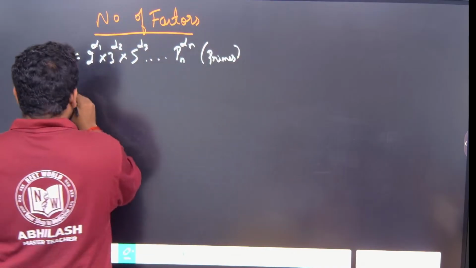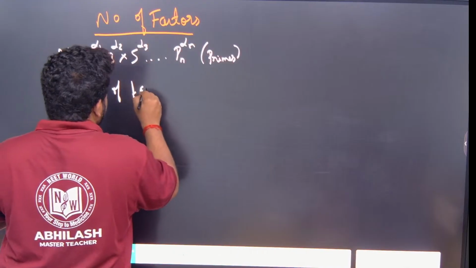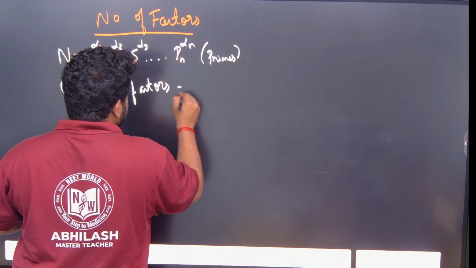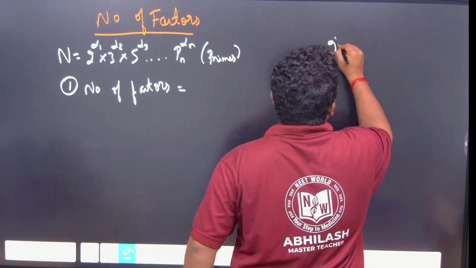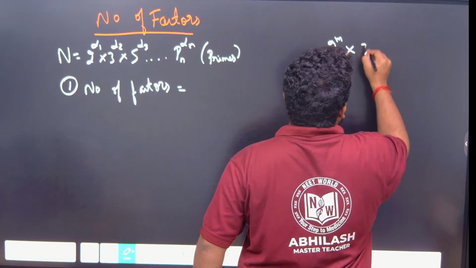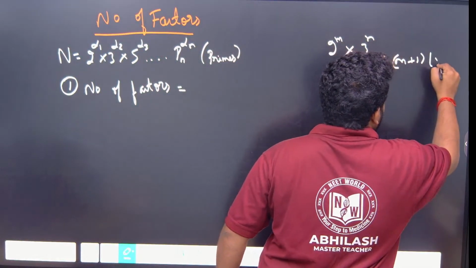Now, if I ask you number of factors, that means if I write here 2 to the power of m into 3 to the power of n, number of factors will be m plus 1 into n plus 1.